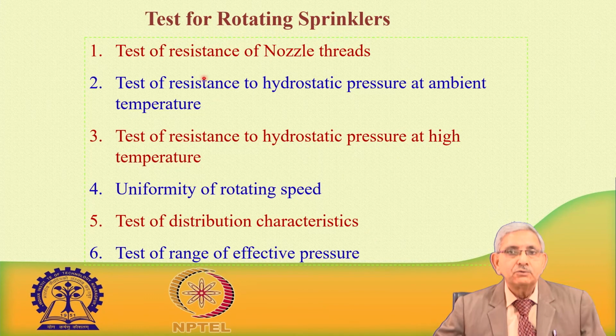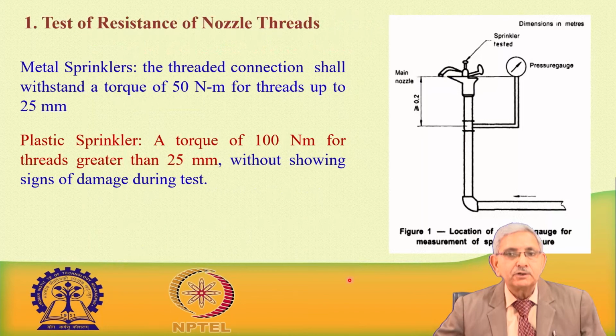So, let us see what tests are performed for the rotating sprinkler: test for resistance of the nozzle, test for resistance to hydrostatic pressure at ambient temperature, hydrostatic pressure at high temperature, uniformity of rotation speed, test of distribution characteristic, and test of range of effective pressure. These are the tests used for the rotating head sprinkler.